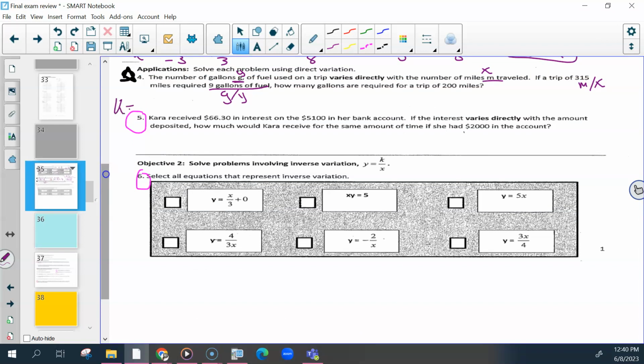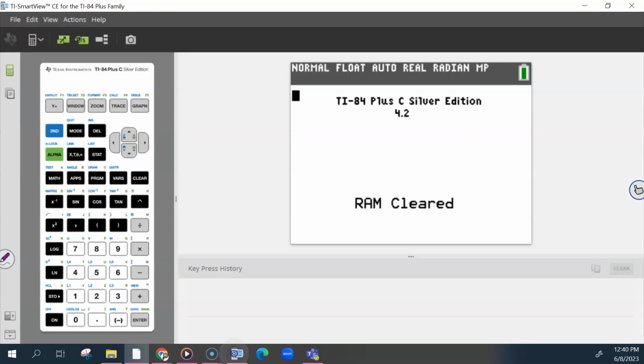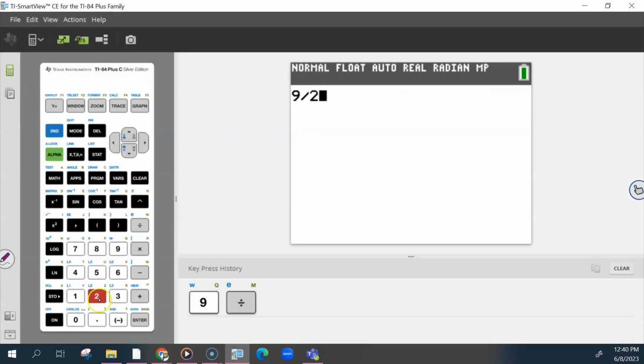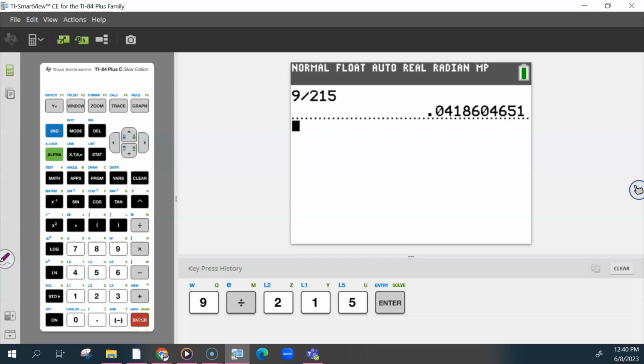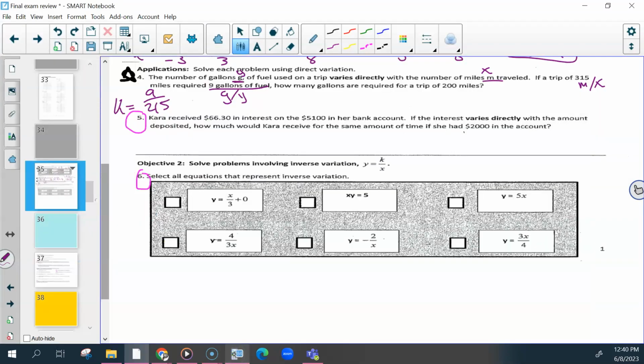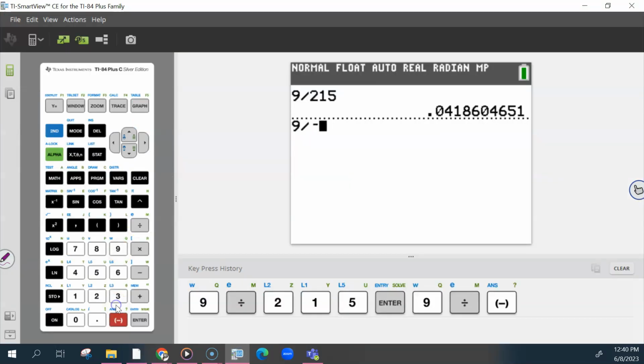So it's going to be K equals G over M or Y over X, so 9 over 315. Let's see if that's a nice decimal or not. I'm going to leave it as a fraction. What were you about to ask?